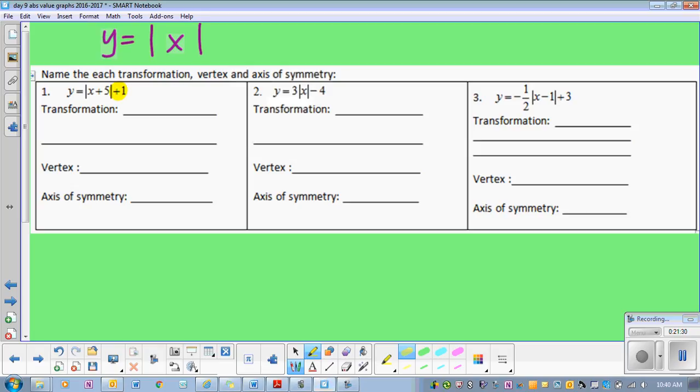I have a +1 on the outside. What else do you see? Yeah, that +5 inside, right? So what are my transformations? Left 5 and up 1. Great job. Does everyone see that?